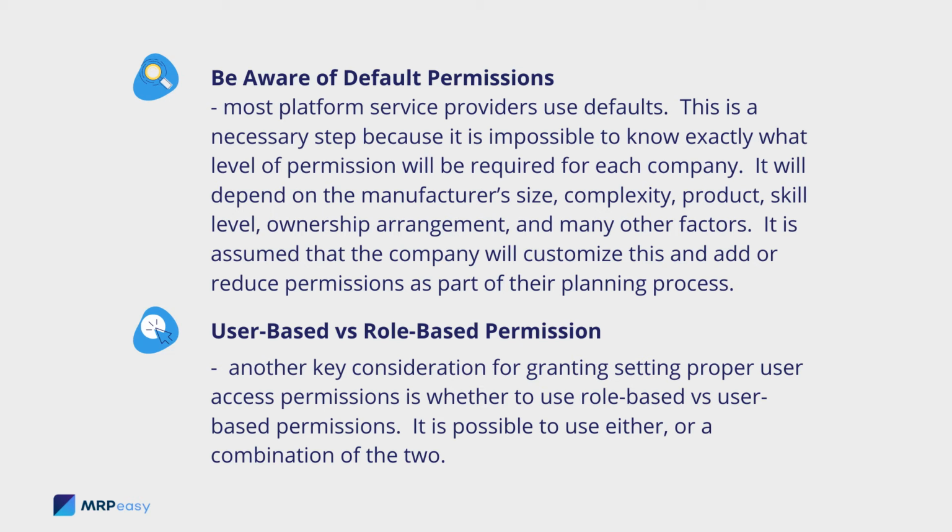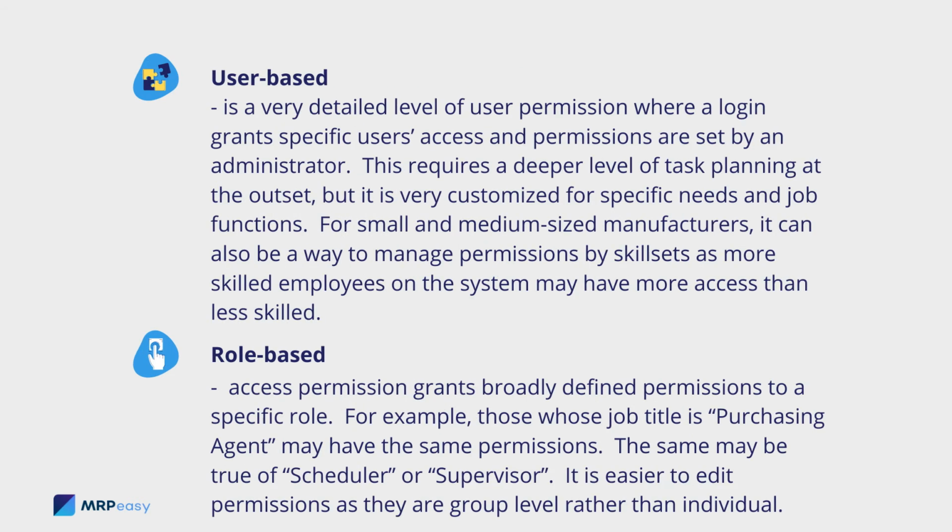User-based versus role-based permission. Another key consideration for setting proper user access permissions is whether to use role-based versus user-based permissions. It is possible to use either, or a combination of the two. User-based is a very detailed level of user permission, where a login grants specific users access, and permissions are set by an administrator.